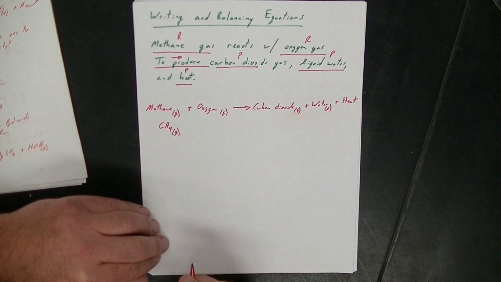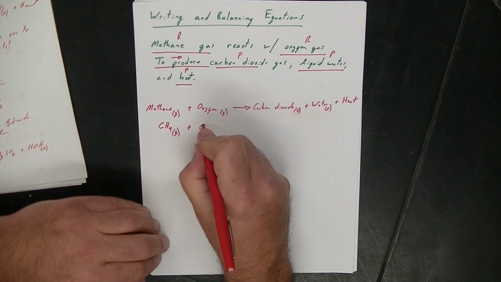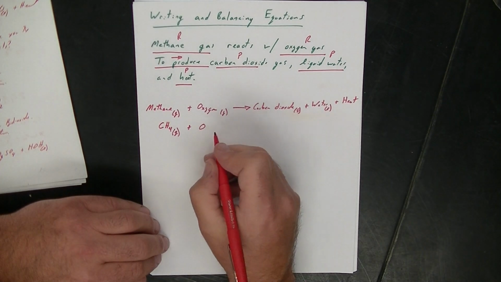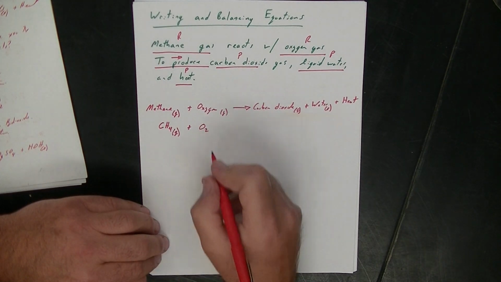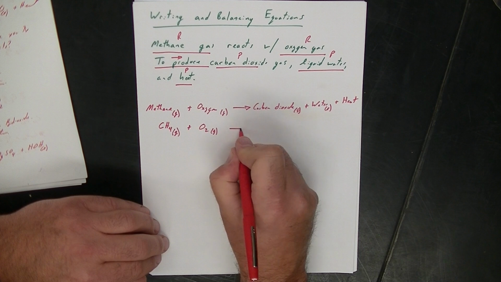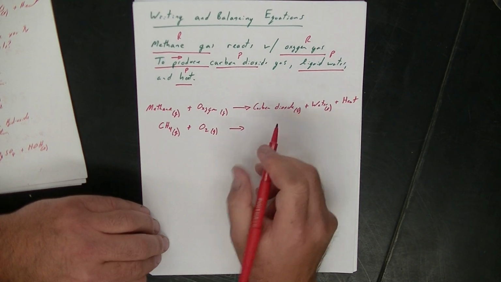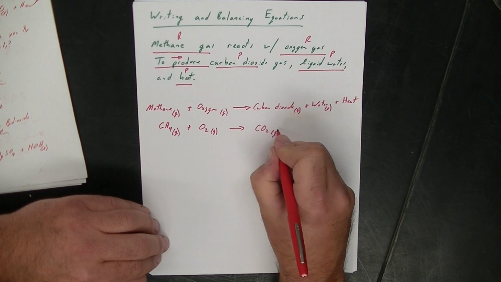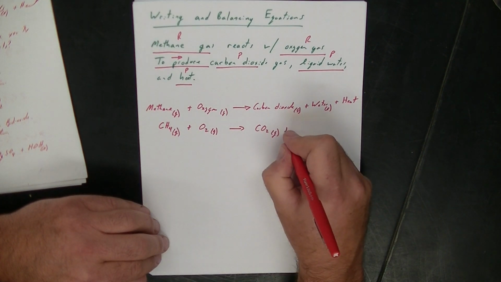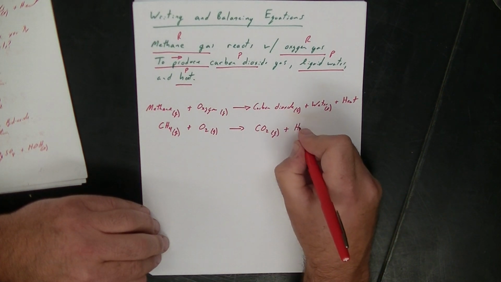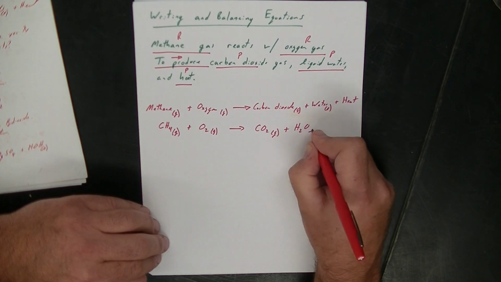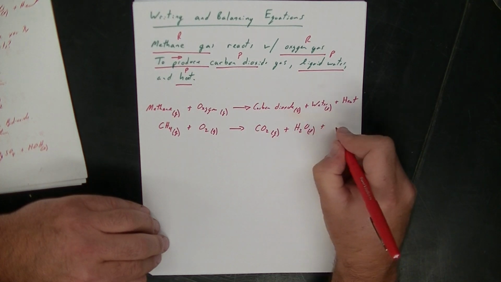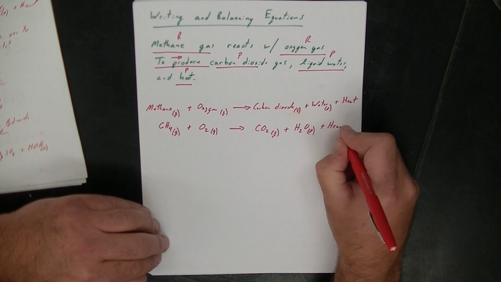So we know the phase is a gas. Formula for oxygen: you need to remember that oxygen is a diatomic, so it's O2. Goes to carbon dioxide, CO2, gas. Water, which is H2O, in liquid phase. And it produces heat.